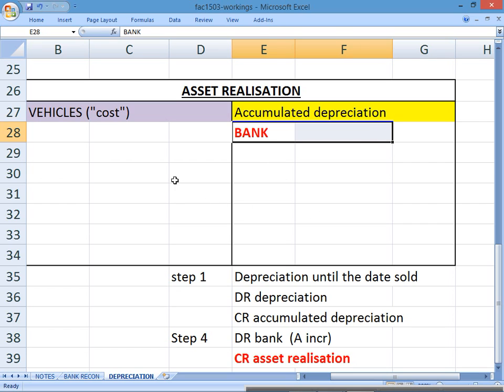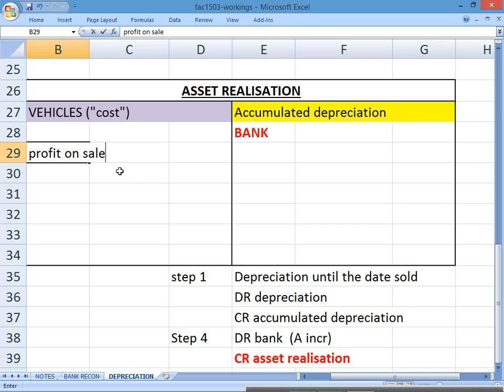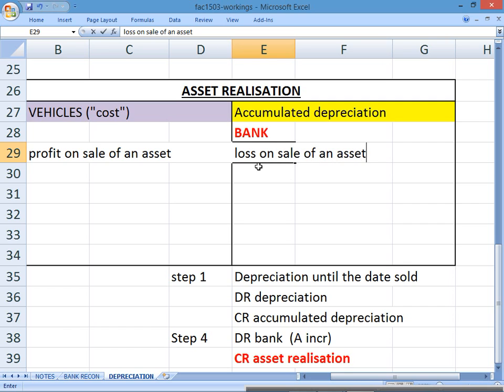And then you'll have either a profit or a loss. Profit on sale of an asset is going to go on this side. The loss on sale of an asset will go on that side, depending on what happened.